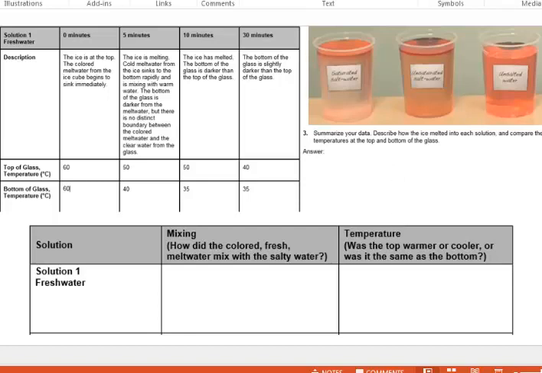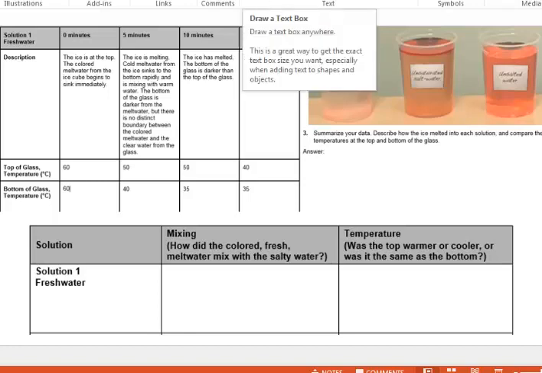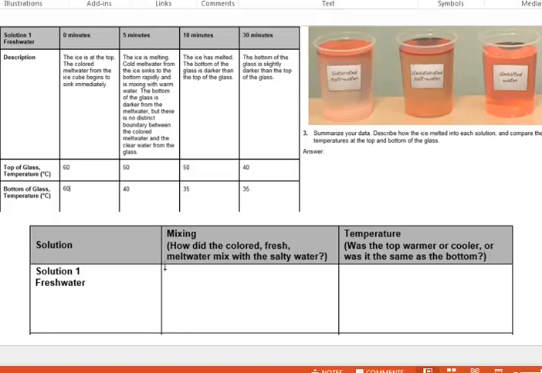So when I'm answering question number 3, because this is the first part of question number 3, it's provided there in the data. If we look up here, the bottom of the glass is slightly darker than the top of the glass. So how did mixing occur after 30 minutes in our fresh water?